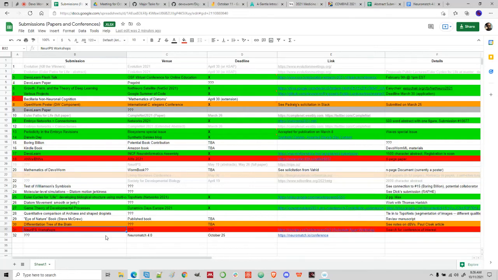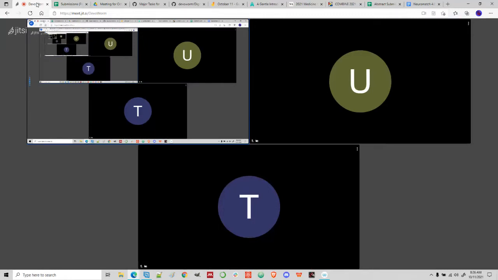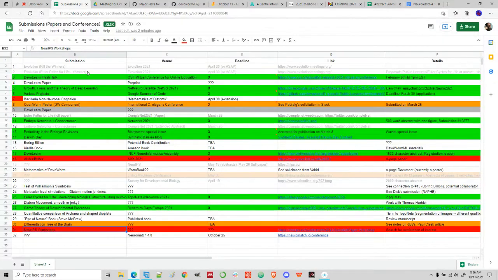So maybe we'll try to do something like that, and I think that would be useful for a lot of different people, like Ujjwal and Tharun, who are interested in new algorithms, but also people who are interested in some of the larger ideas. I don't want to speak for you guys, but if you're interested in some of the broader concepts they have at the conference, then please, we should talk about it during that time.